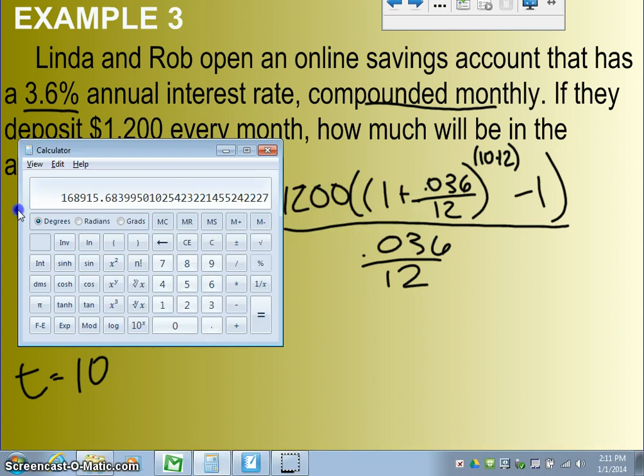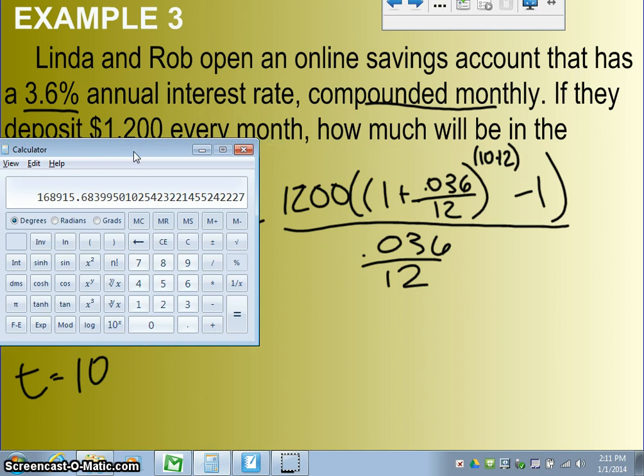So again, the tricky part is, can we enter this into the calculator in a proper order of operations way? So we're going to put in 1,200, open parentheses, 1 plus 0.036 divided by 12, close parenthesis, all to the 120th power. I got that by multiplying 10 times 12.